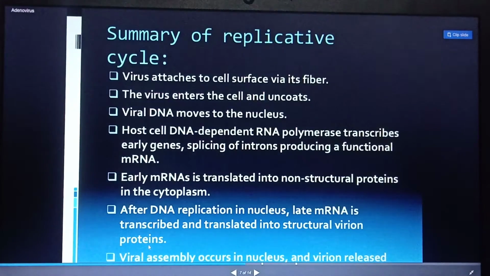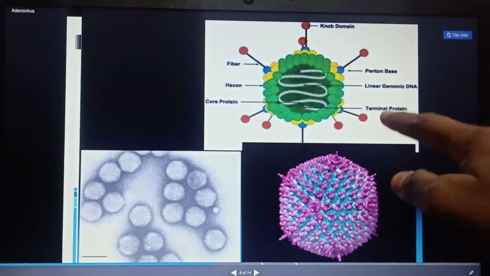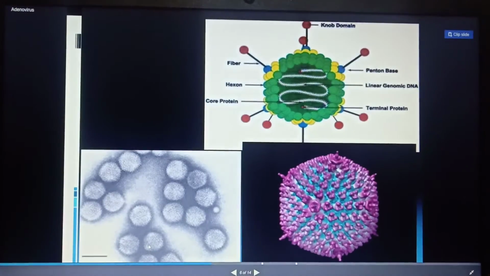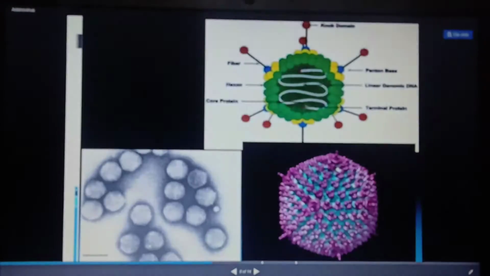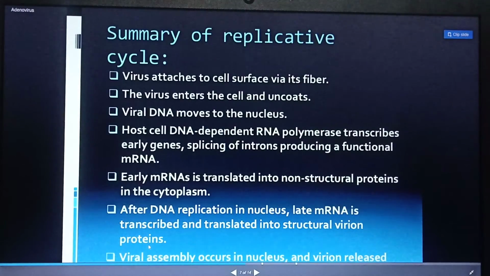And now how does the adenovirus replicate, that is, how does multiplication take place in the body? I already explained the fibers, right? These fibers are first attached to the cell surface.